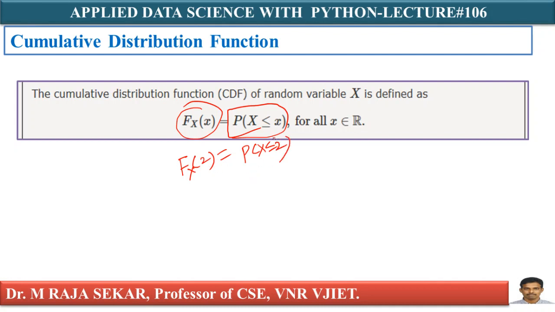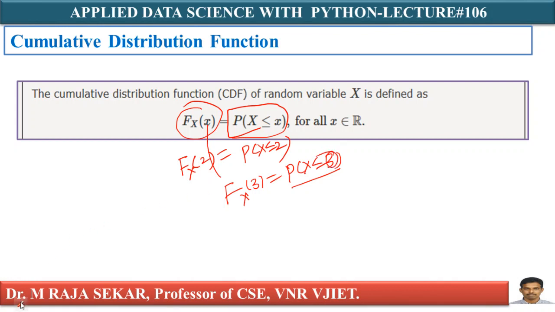Means I need the probability from the starting value of random variable capital X till 2. If I say x equal to 3, what does it mean? F capital X of 3 means P of capital X less than or equal to 3. Means you need to calculate the probability from the starting value of the random variable till 3.